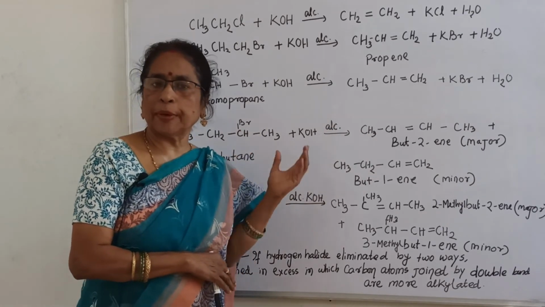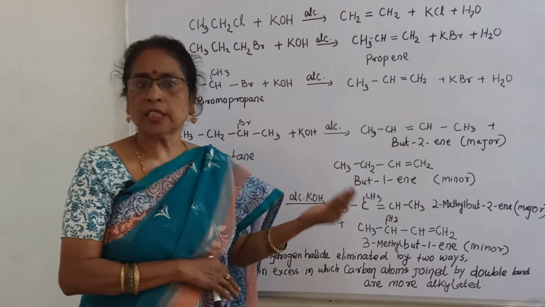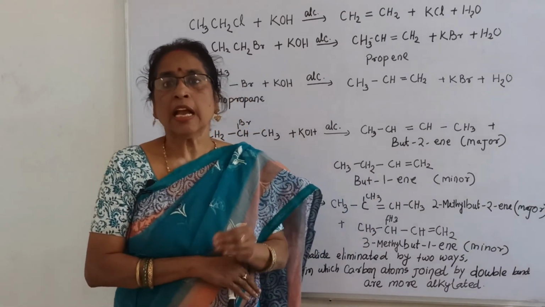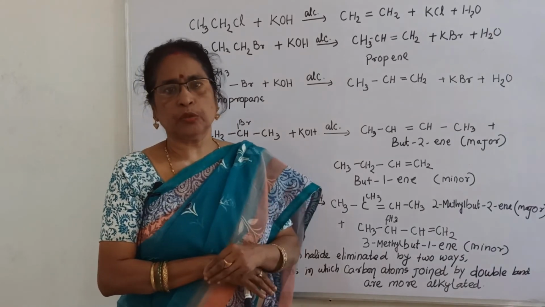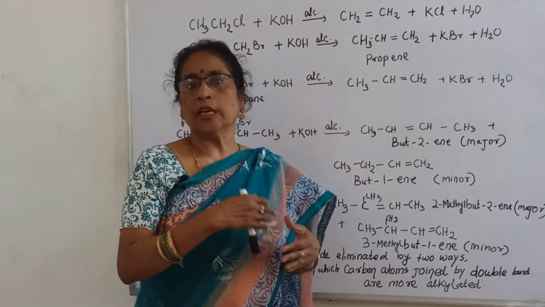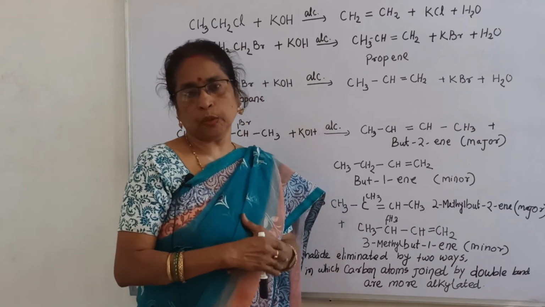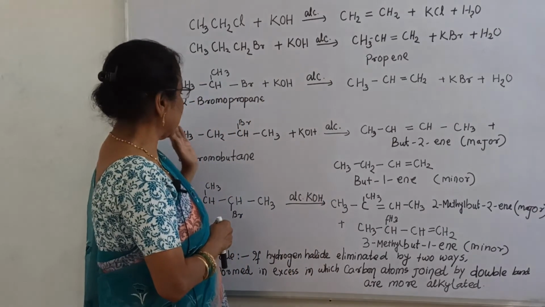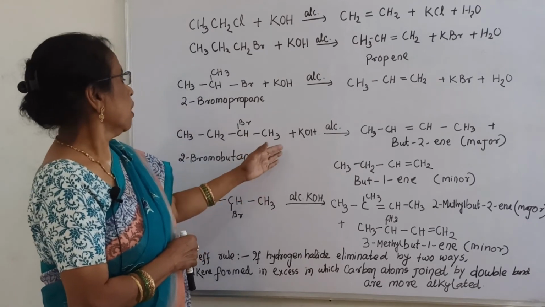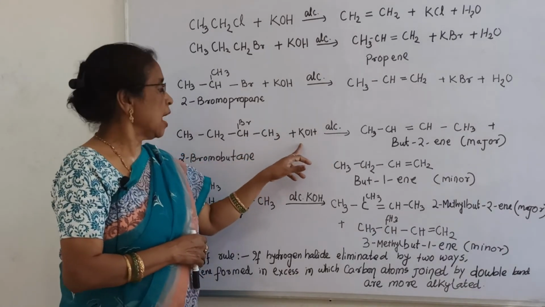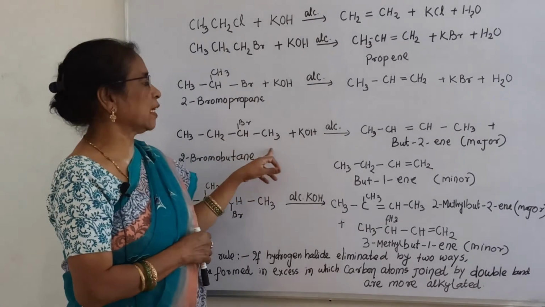This is one type of beta elimination reaction, also called the dehydrohalogenation reaction. According to it, you see what the main products are and how many alkenes are produced. So this is very, very important.